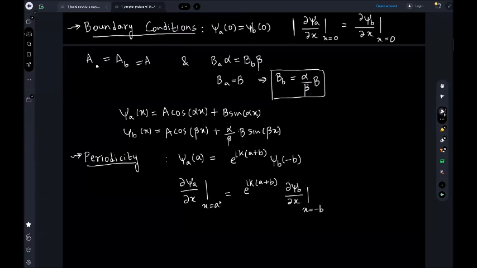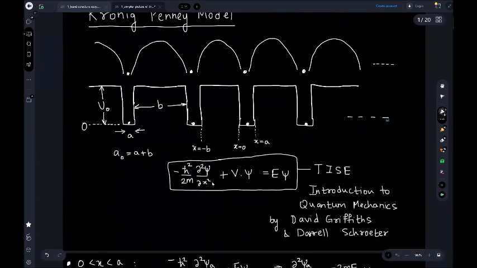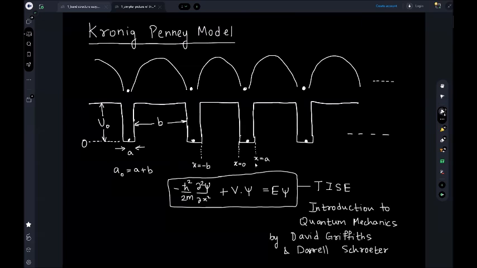This equation states that psi of A at x equals A is directly related to psi of B at x equals minus B, and so is the case for their derivatives. The derivative of psi at x equals A and the derivative of psi at x equals minus B are also directly related, which makes sense because if I look at this picture, this point at x equals A is in some way identical to this point, because this is a periodic structure. This repeats after every A plus B distance.